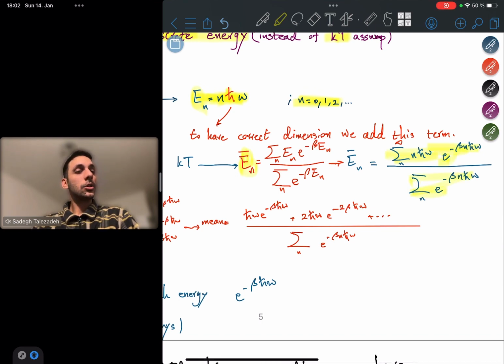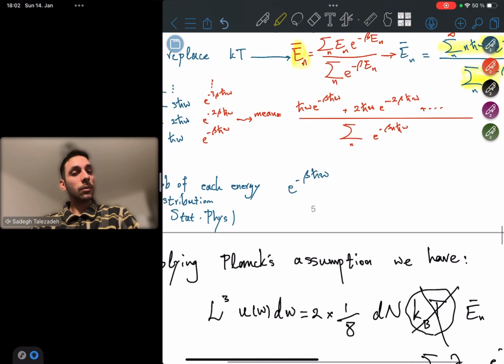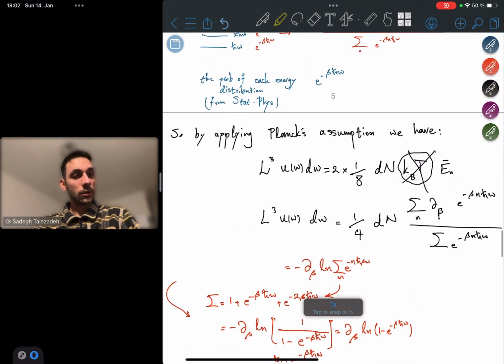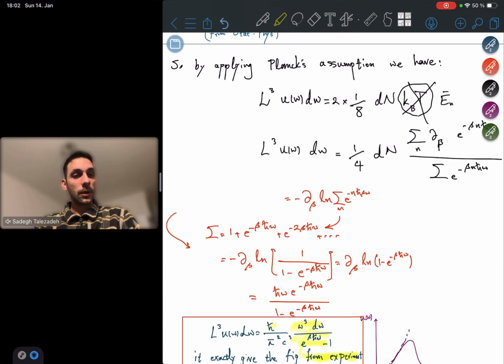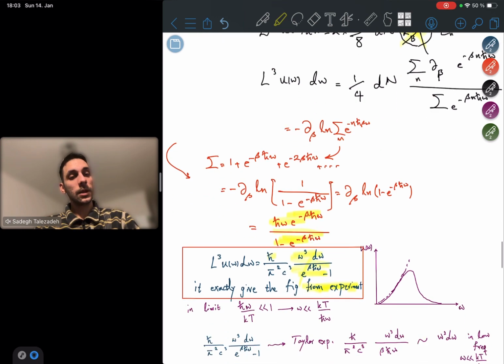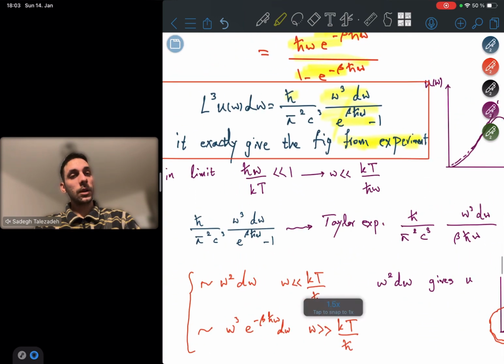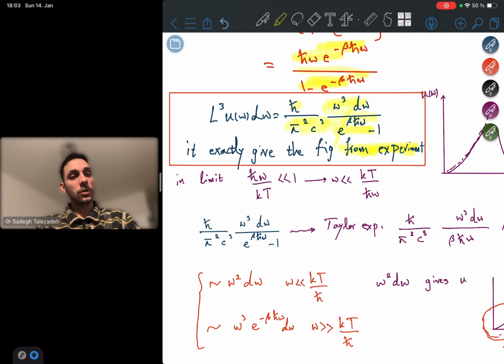And this summation somehow can be calculated. It's not really difficult. So it gives us this function here. So if we put this part instead of kBT, so now we don't use kBT, but we use this function instead, and we get such a function with these constant parts.